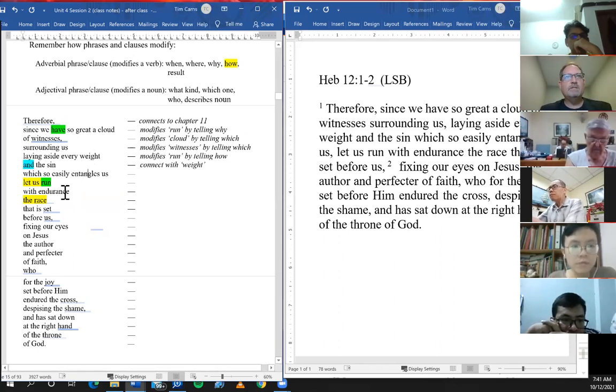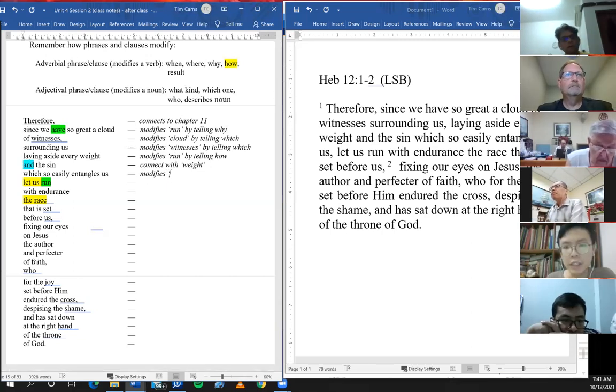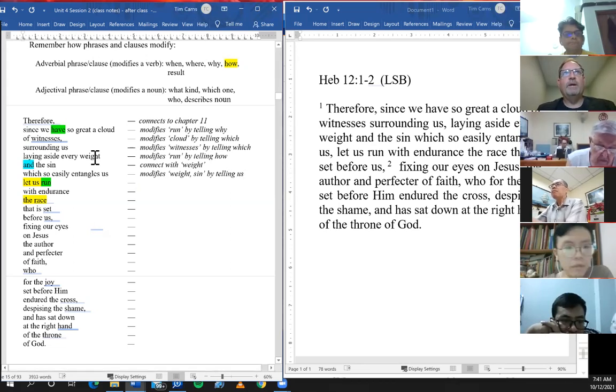Which so easily entangles us? It modifies the weight and sin by telling us how it works. Well, it's describing the weight and the sin, right? Which weight? Which sin?